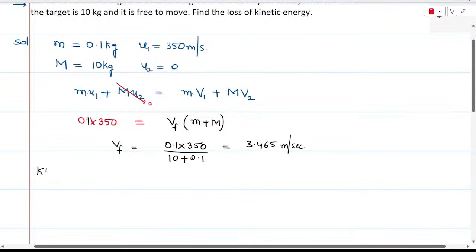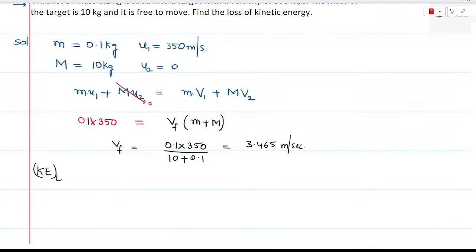Next, we need to calculate the loss in kinetic energy. So KE loss is equal to initial kinetic energy minus final kinetic energy. Initial will be half into m into u1 square minus half into (small m plus capital M) into Vf square.